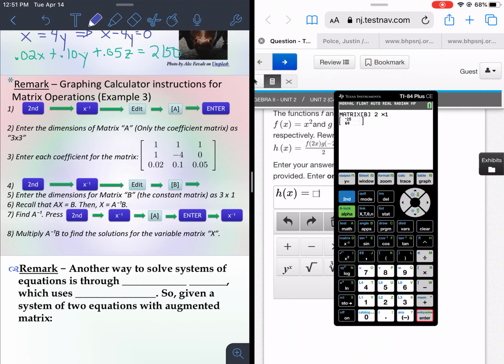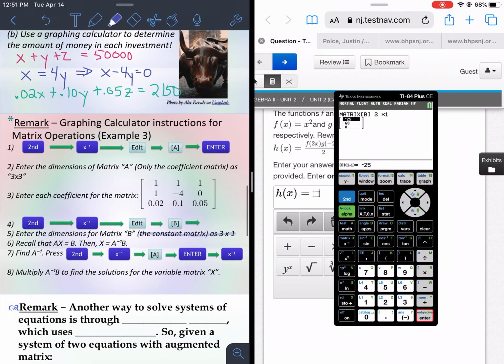Enter the dimensions for matrix B as a 3 by 1. Recall that AX equals B, then X equals A inverse B. Our constant matrix, 50,000, 0, 2150.